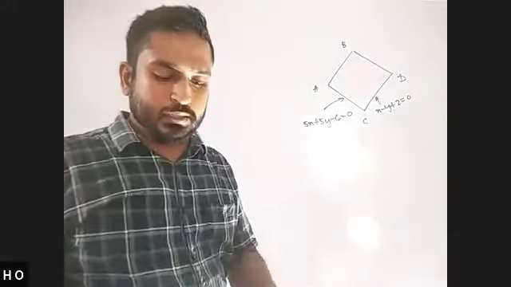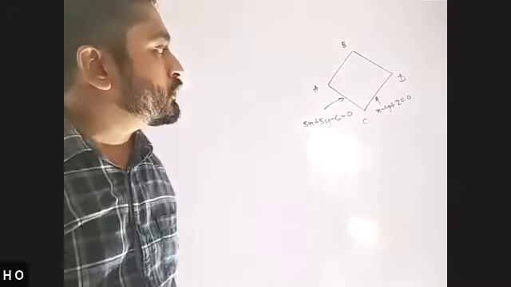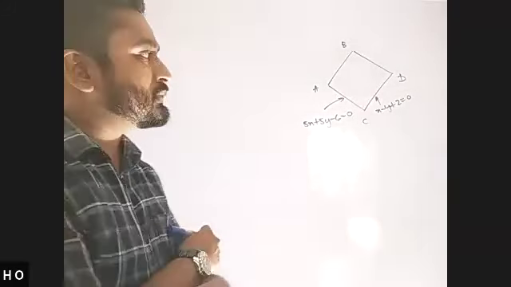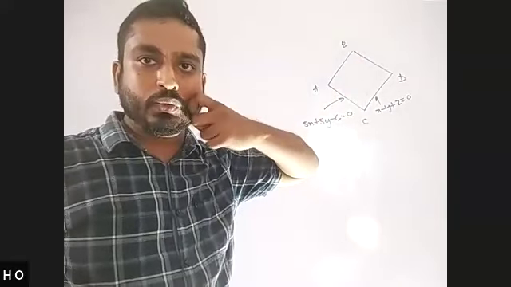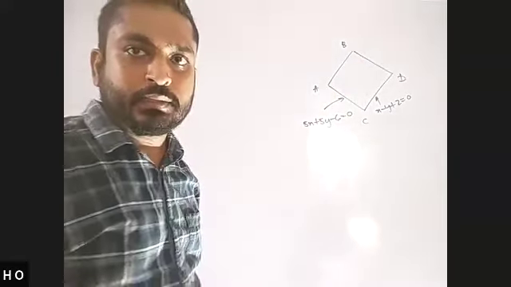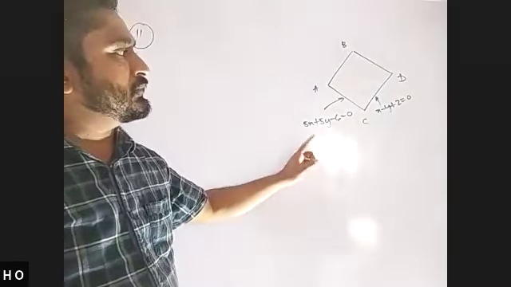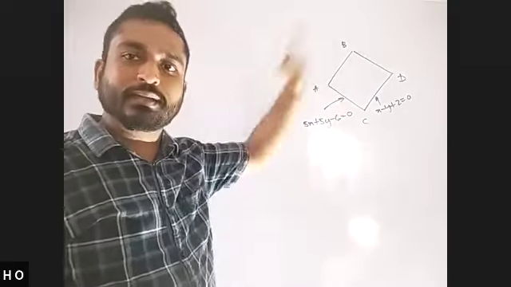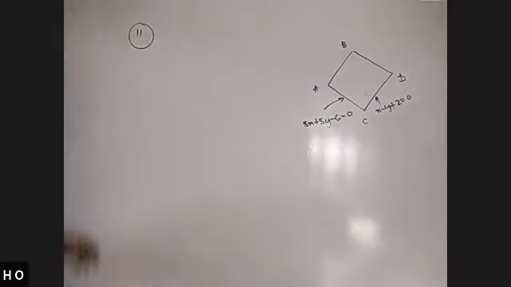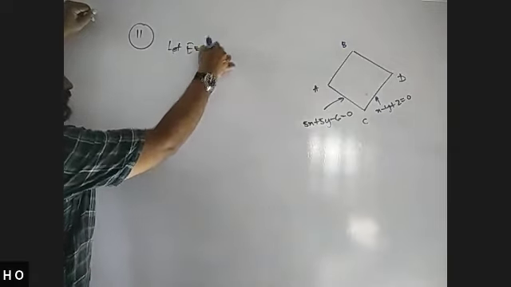Further, they say one of the vertices of the square is (0, 2). So we have to check whether (0, 2) lies on which side. Let E be (0, 2).